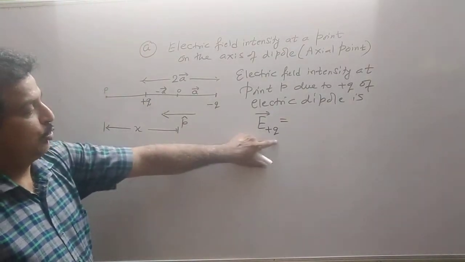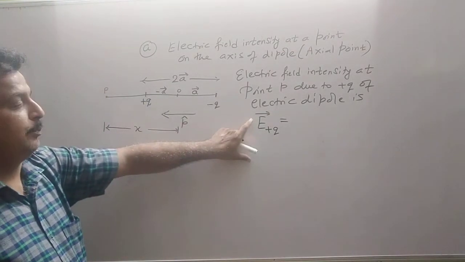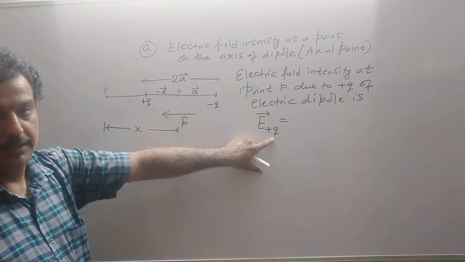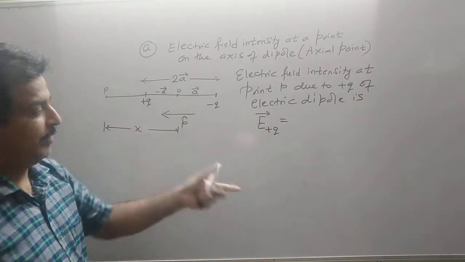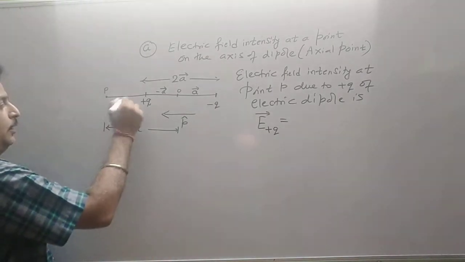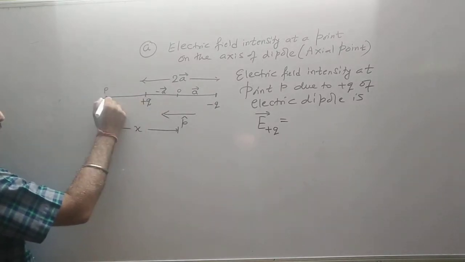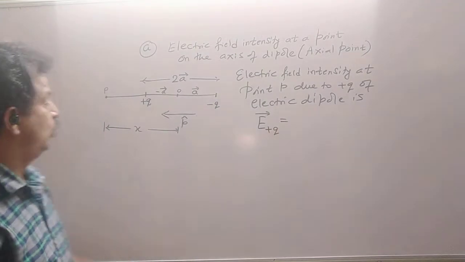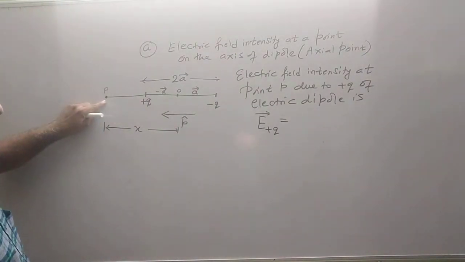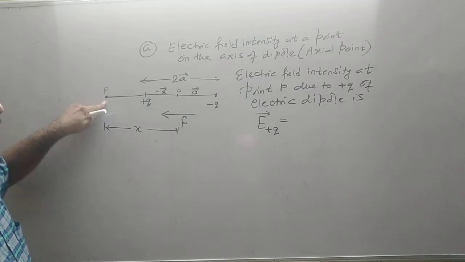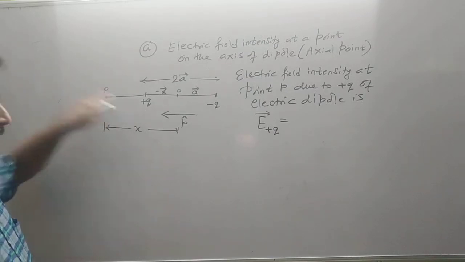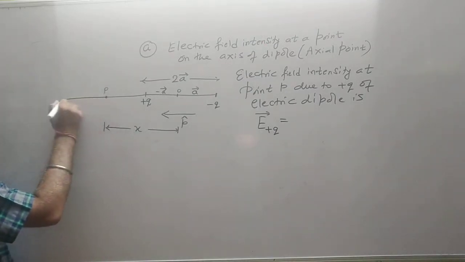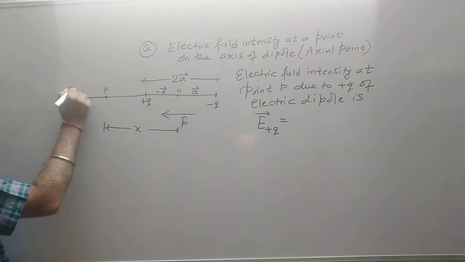So E plus q means the electric field intensity at point P due to the plus q charge. So first I write the magnitude. Now here I keep a test charge. In order to find the electric field intensity, you have to keep a test charge. When I keep a test charge here, the test charge is positive, so this plus q charge will repel it. So this is the arrow, and I name it E plus q vector.